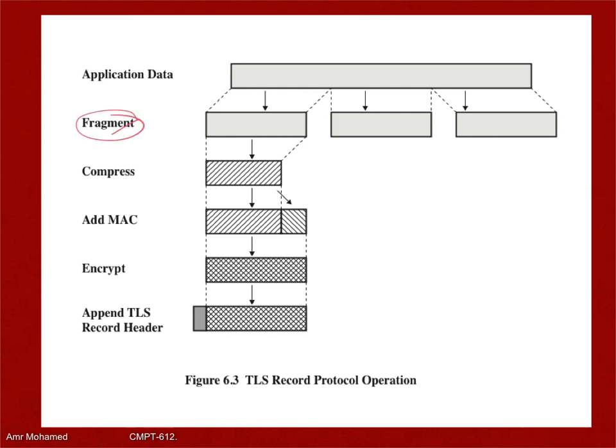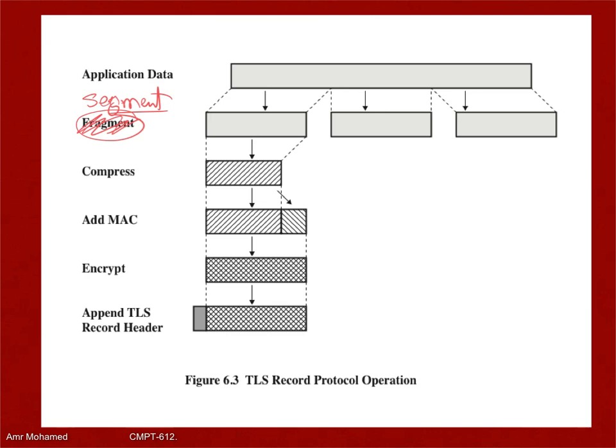I don't like the name fragment, because fragment is a network layer concept, so I like to give it a proper name. So we divide the application level data into segments.